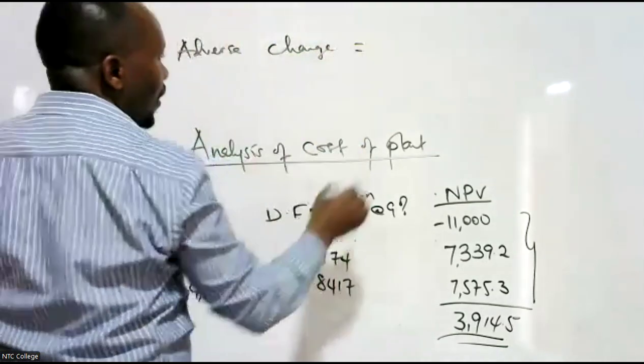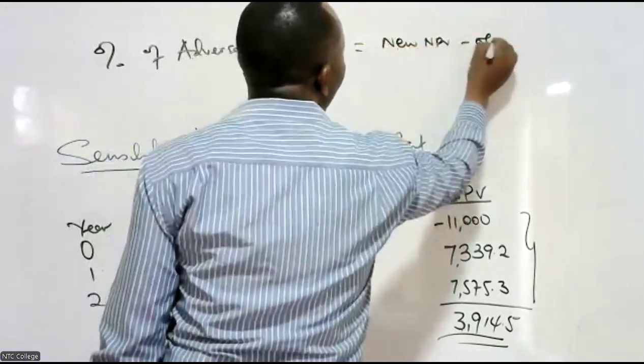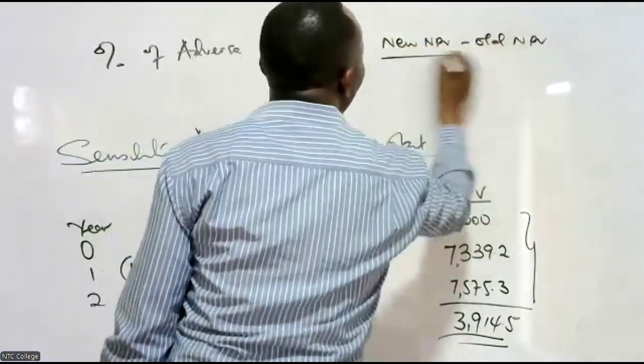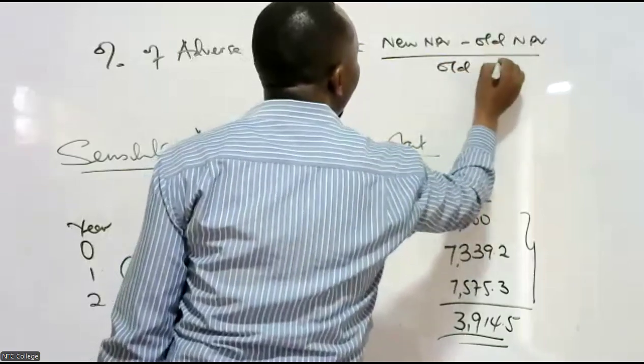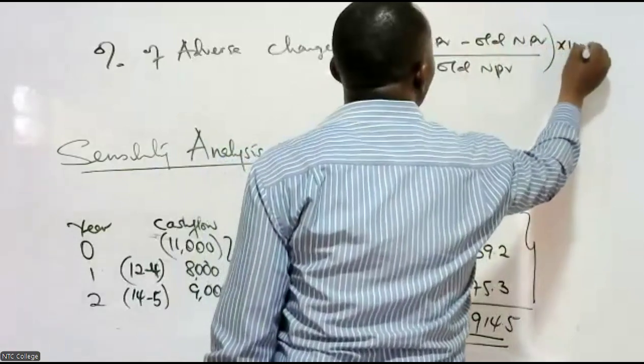is equal to new NPV minus old NPV all over old NPV, times 100.